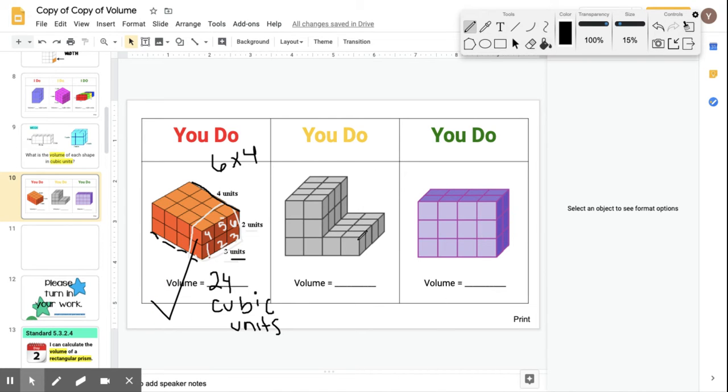Okay, now this one had 2 parts, so it could be a little tricky. Here, I would split this into 2 sections, and let's figure out the volume of this section first. So we have 1, 2, 3, 4, 5, 6, 7, 8.